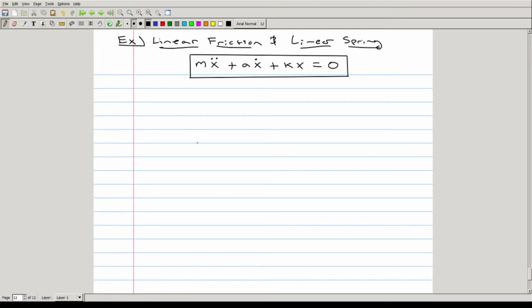And this is a second order linear ordinary differential equation that you should be very familiar with from your first ODEs course, because this is the general second order linear constant coefficient equation when m, a, and k are constant.